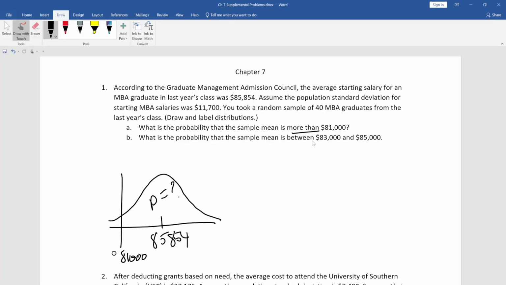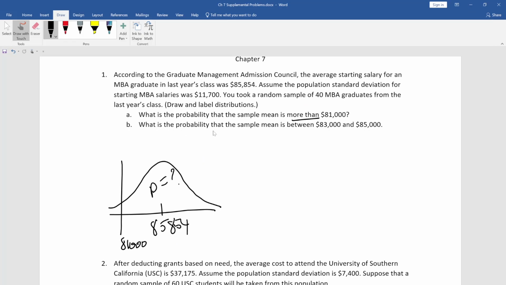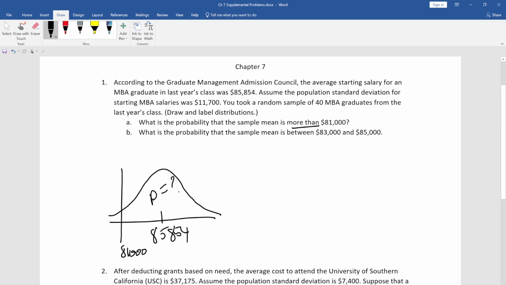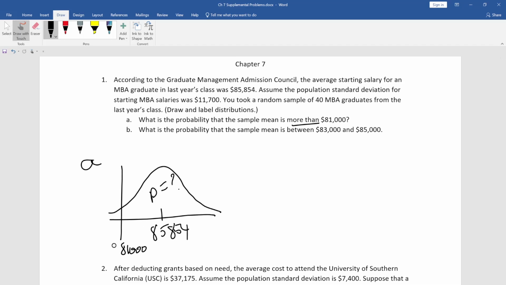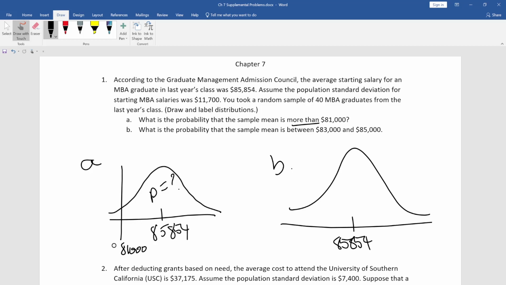Okay, so B. What is the probability that the sample mean is between 83,000 and 85,000? So I am going to draw another little distribution. So this one was for A. This one is going to be for B. We still have our population mean of 85,854 in the center. 83,000 is going to be somewhere over here.